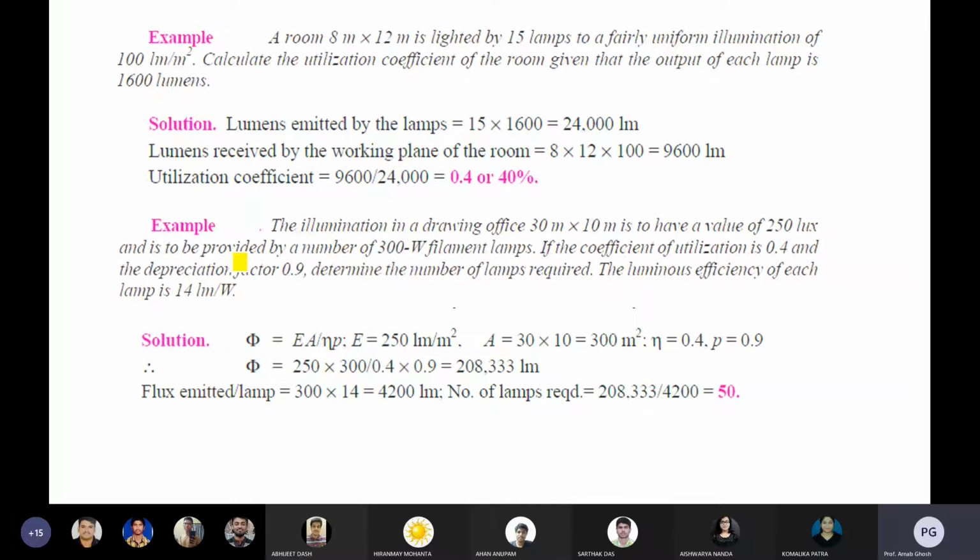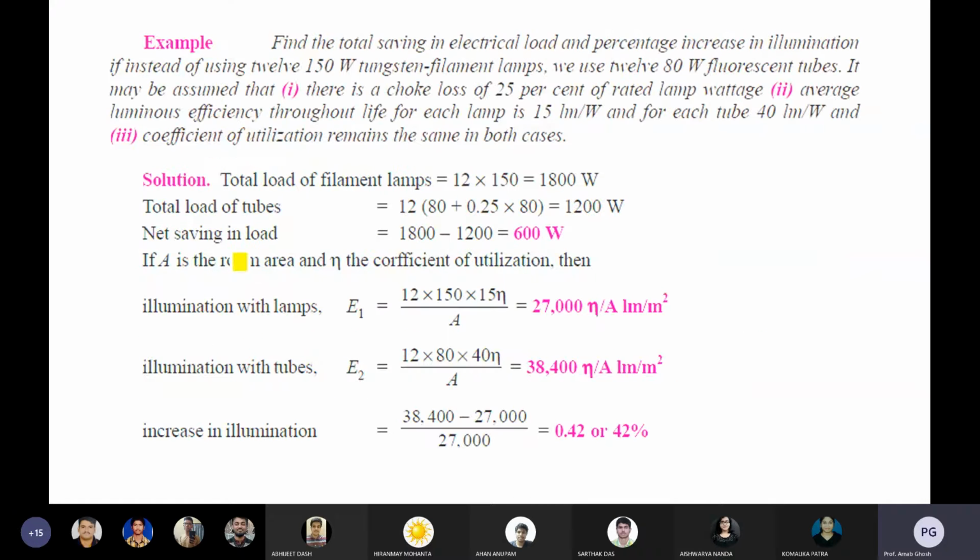So another problem you can see. Another example, please note it down in your copy.